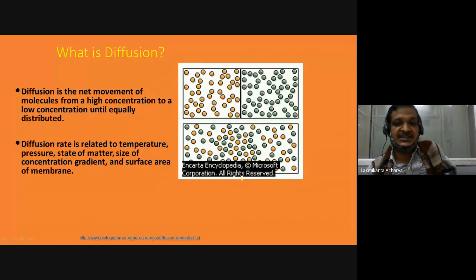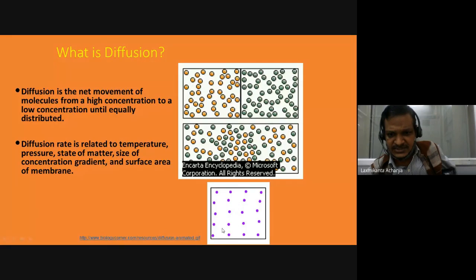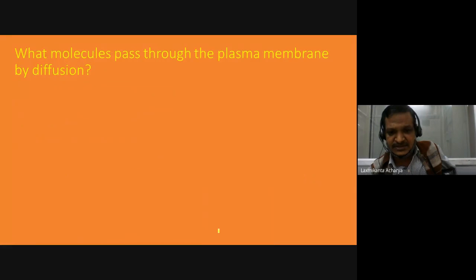Yesterday I was telling you that a cell has a smaller size and a larger relative surface area, and the process of diffusion depends on this surface area. This is how molecules move from higher concentration to lower concentration.